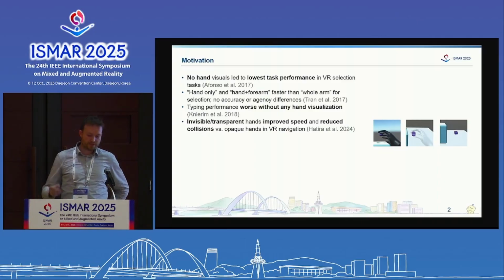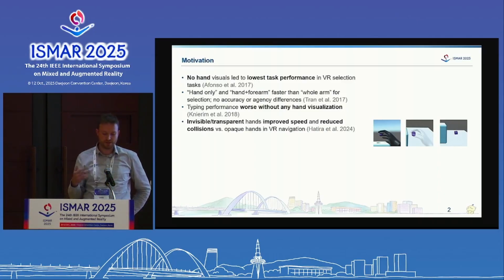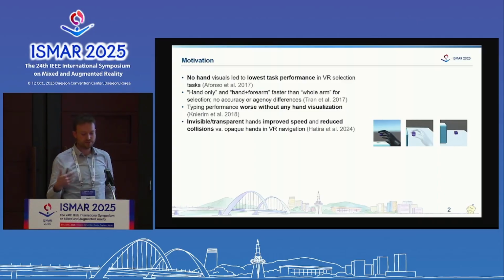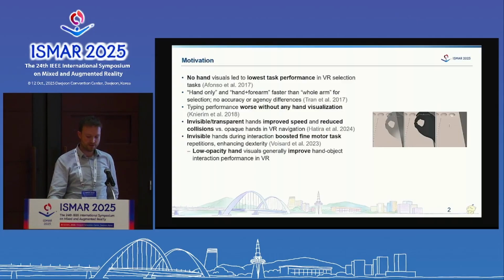But here, for the invisible hand seen on the right side in the picture, you saw your hand until you grabbed the object, and then the hand turned invisible. So that's a little bit the difference. And here they came to the conclusion that invisible or transparent hands improve the speed and reduce the collisions compared to the opaque hand, because obviously you can see better if you don't have any hand visualization in your way.